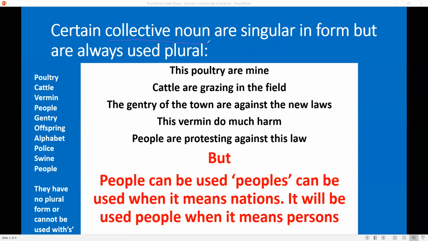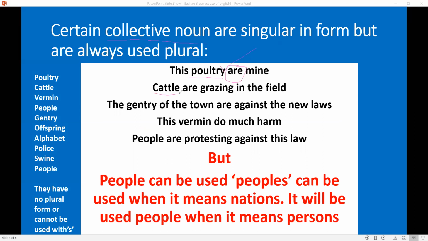There are certain collective nouns. What are collective nouns? When we take a group of persons or group of things as a group, not individually: poultry, cattle, vermin, people, gentry, offspring, alphabet, police, swine. They have no plural form or cannot be used as plural. Poultry is plural, but it has no plural form, so it takes a plural verb.